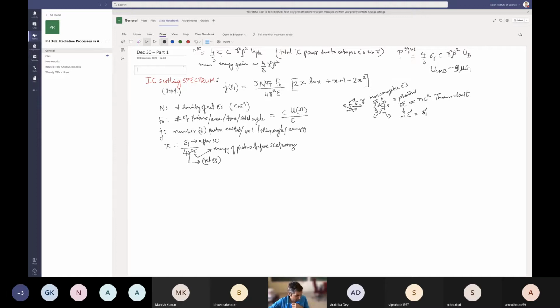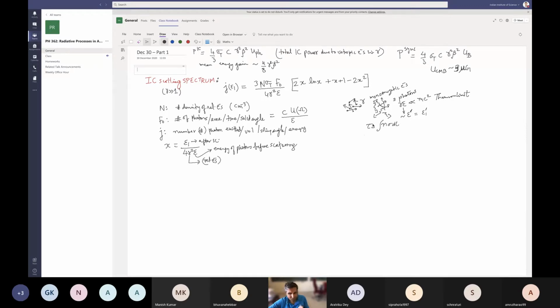Okay, so this is the setup. You have these electrons, you have these photons, and whether these electrons will collide with these photons depends on this tau, which is just n sigma dl, the optical depth.